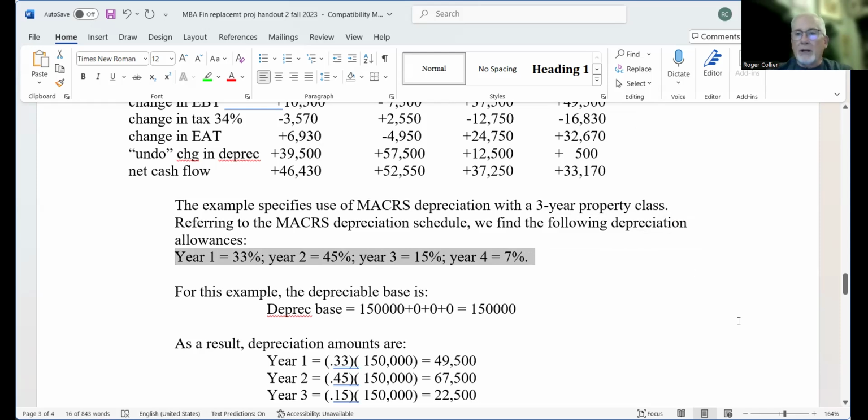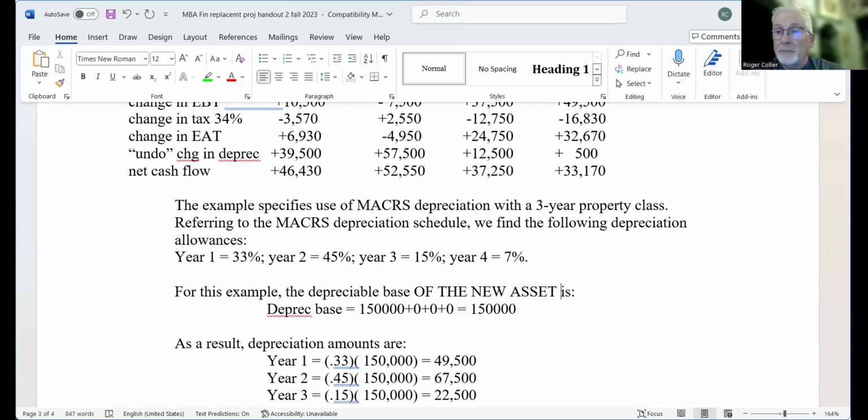All right? What do those amounts apply to? Well, they apply to the depreciable base. And now we're dealing with the new machine. So it's really important to keep in mind that this is the depreciable base of the new asset. Earlier, we dealt with the depreciable base of the old one. Now this is the new one.